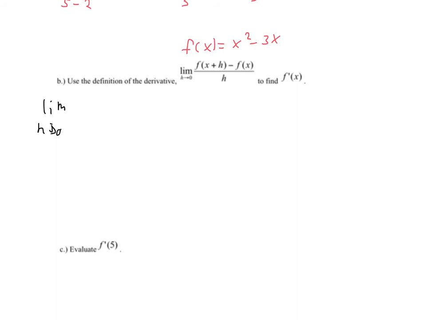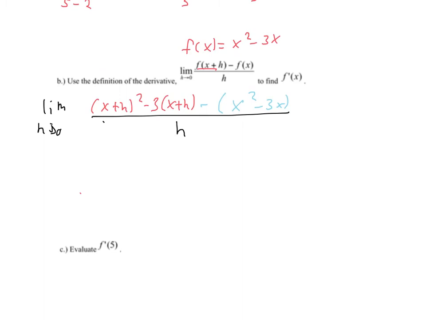So everywhere I see an x, let's plug in an x plus h. X plus h squared minus 3 times x plus h minus the original function, x squared minus 3x all over h.